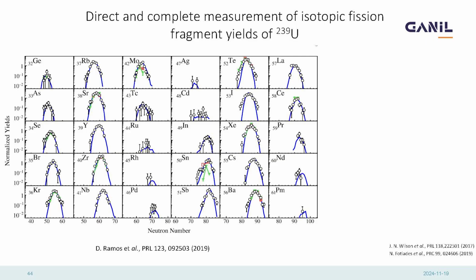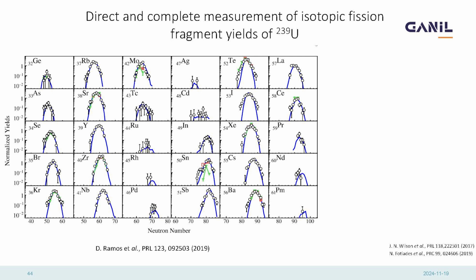So having complete yields, what does it mean? This is another view of what Fanny showed yesterday, but basically here for every element you have the charge distribution, and it's not only for even nuclei, they are all there. So this is what we get. And just to highlight, it's very important to have those complementary measurements, because in the colors here is what was measured by gamma ray.